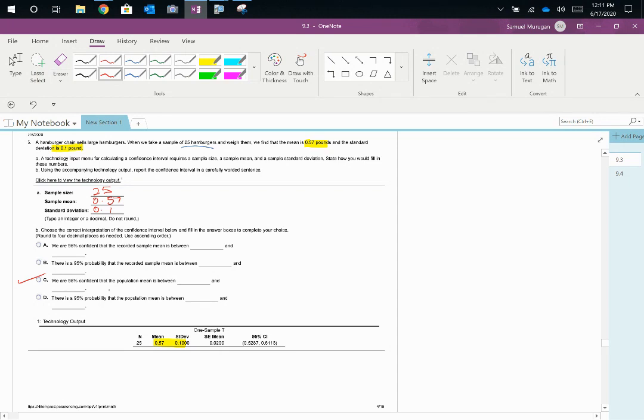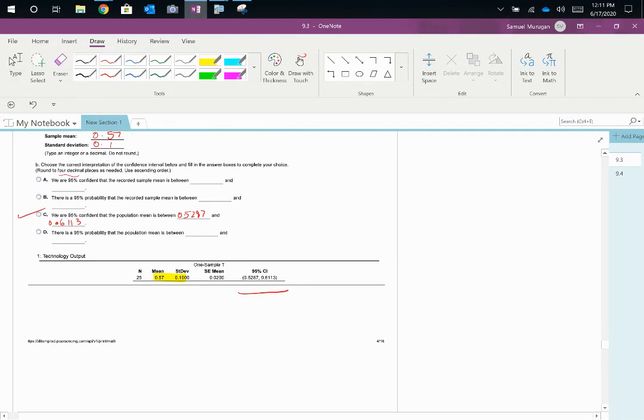We are 95% confident that the population mean is between, and they're asking for all 4 of the digits, yeah? Round to 4 decimal places. So 0.5287 and 0.6113. No calculation here, eh? They gave us the printout.